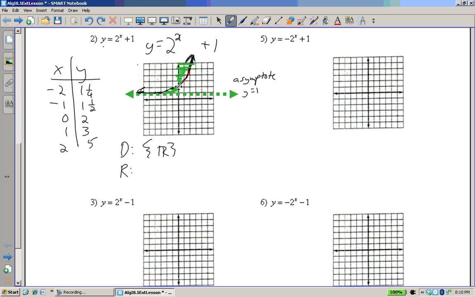It's going to be greater than 1. So I have all real numbers greater than 1. Because I cannot squish any of these points onto the y-axis any further than 1, definitely not past 1.